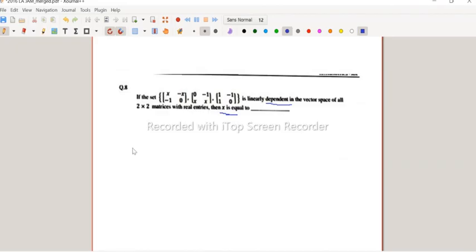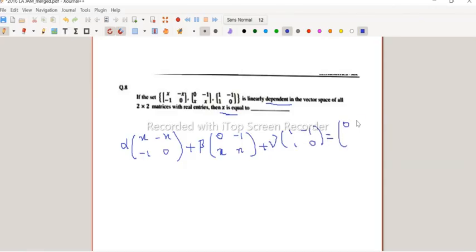Suppose we take the linear combination of these matrices: alpha times the first matrix, plus beta times the second matrix, plus gamma times the third matrix, equal to the 0 matrix.